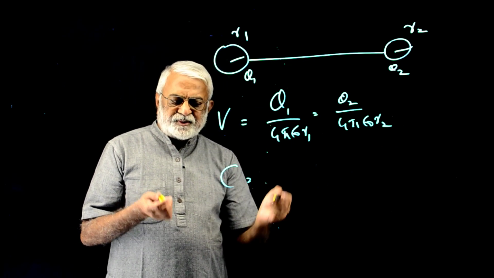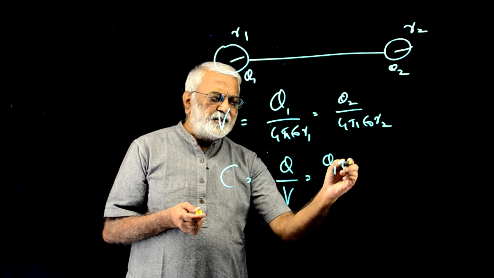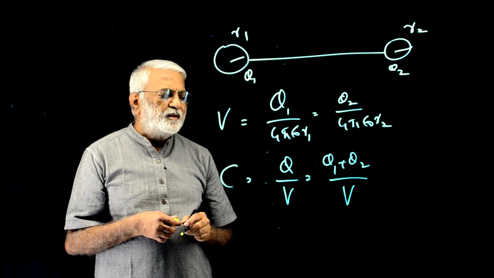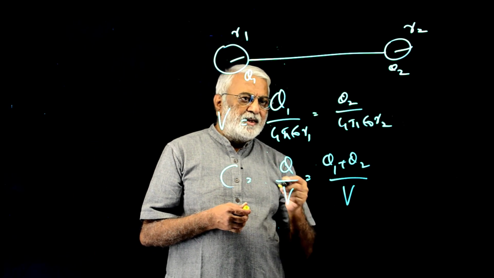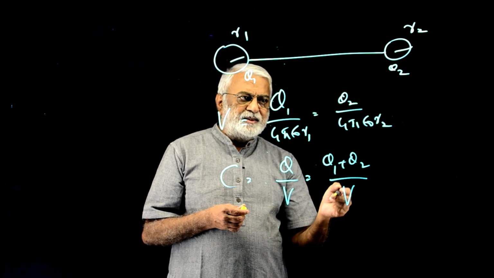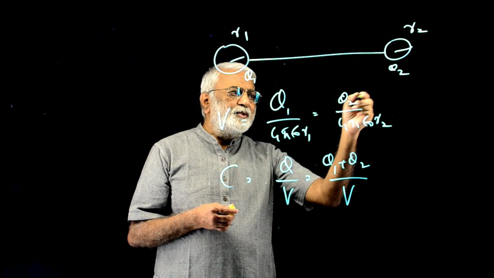And for the capacitance of the system, we want Q by V, where Q is Q1 plus Q2. That by V, that's what we want. Now we can replace Q1 in terms of Q2, and then V in terms of Q2. Q1 is Q2 into R1 by R2.